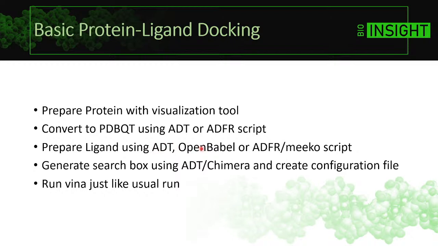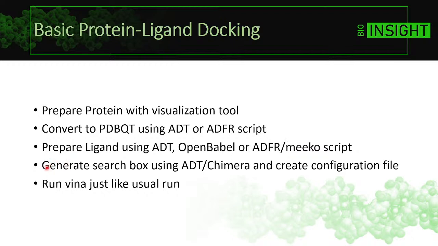You can do that in batch mode in OpenBabel, or you can use the ADFR or Meeko scripts, which are specifically for ligand preparation. I will be using command line tools in this demonstration, but you are open to generate your molecules from any of the graphical interfaces.